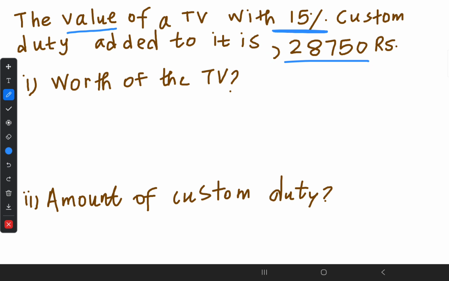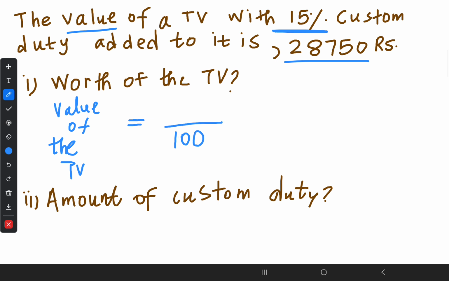So I will write the formula here. You see, the value of the TV with custom duty is equal to 100 over. Try to understand this part clearly.